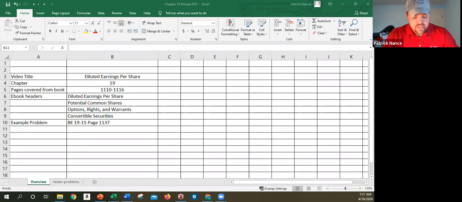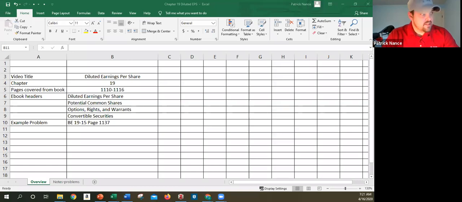For diluted earnings per share, everything stays the same, with the exception that I would basically take the difference between the shares that are options times the exercise price divided by the average market price.